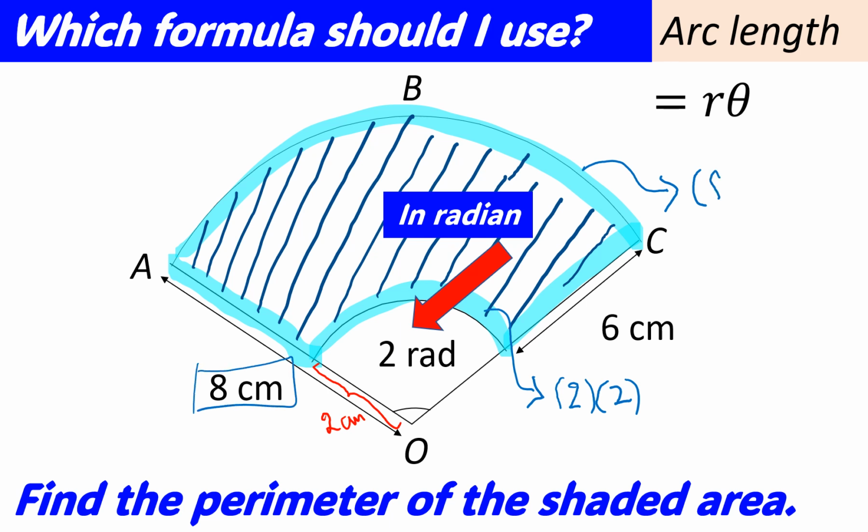So I simply take r as 8, and theta is 2. Putting this together, I am able to find the bigger arc length plus this smaller arc length, and then I simply add 2 times the 6 cm. With this, we can easily find the perimeter of the shaded area.